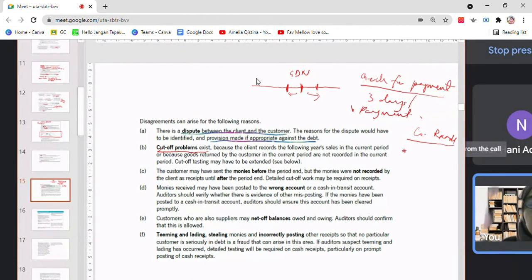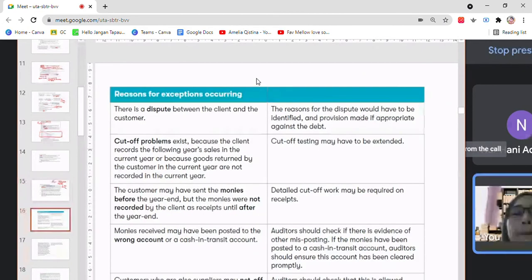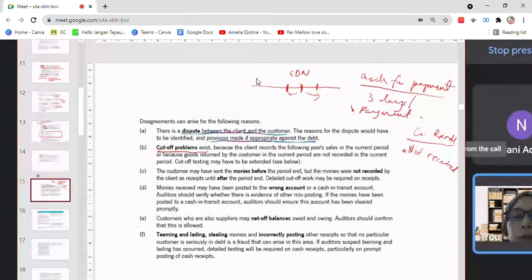So there might be a dispute or disagreement in terms of the amount. Money received may have been posted to the wrong account or cash in transit accounts.